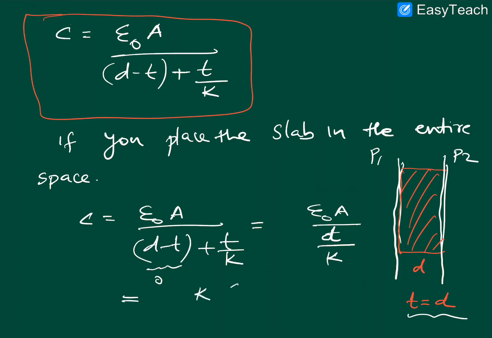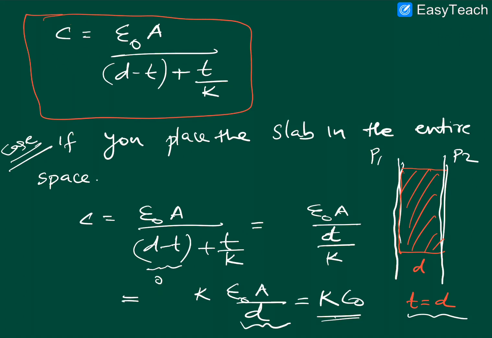So you will get k into epsilon 0 A by d, that is k into this is C0. That means you will reach the previous derivation. So previous derivation is a special case of this derivation. When d is equal to t, you will get the previous derivation.